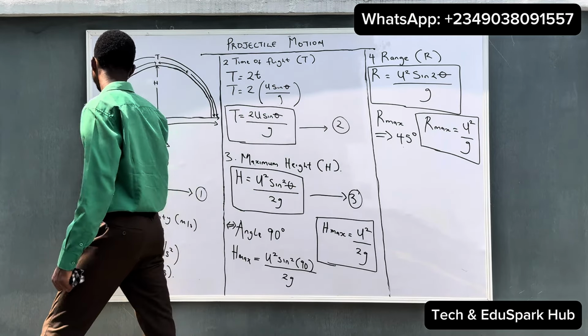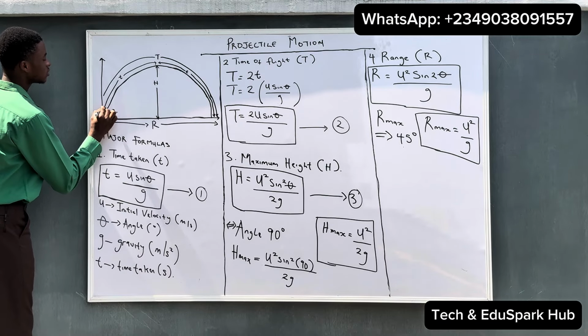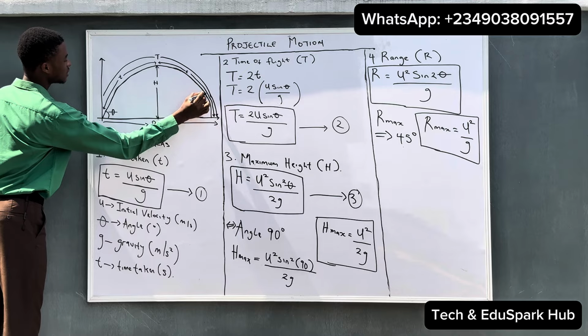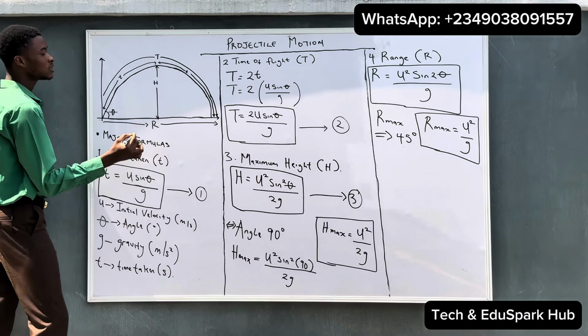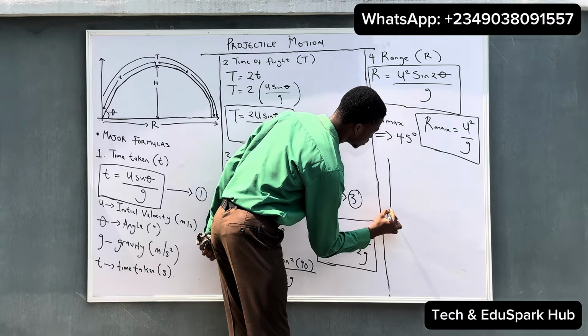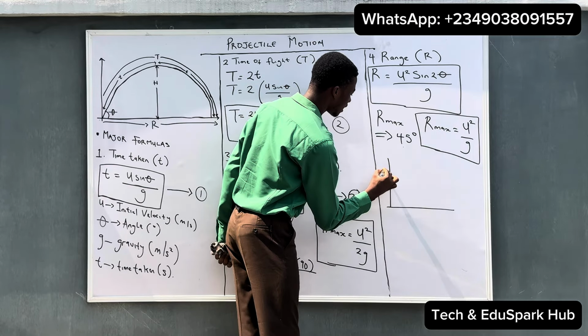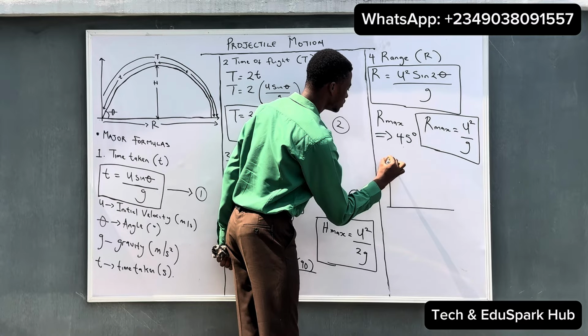Looking at this diagram, you can see the body is projected from a horizontal distance, and you can see the range. But what if we have another projection plane and the body is projected from this vertical height?